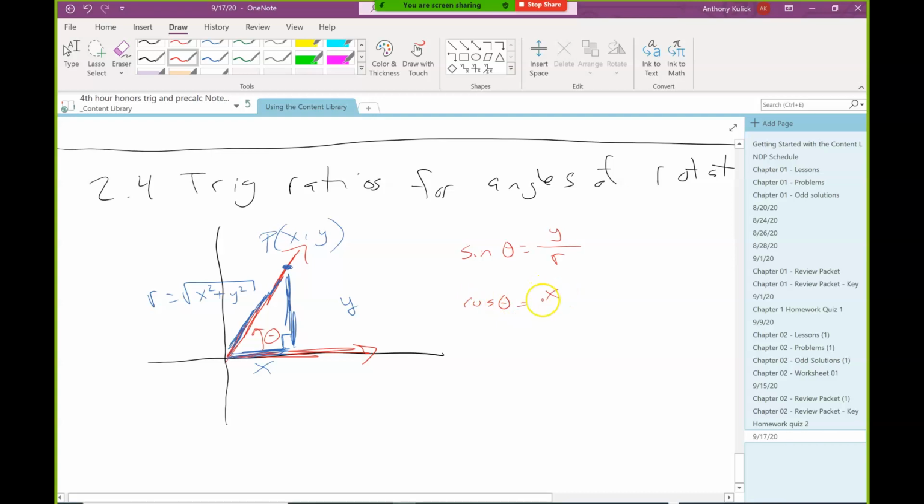Cosine is adjacent over hypotenuse, so x over r. Tangent is opposite over adjacent, so y over x. Cosecant is hypotenuse over opposite, so r over y. Secant is hypotenuse over adjacent, so r over x. Cotangent is adjacent over opposite, so x over y.